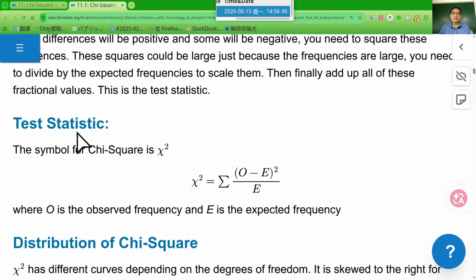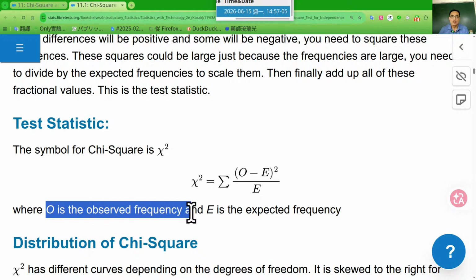So here, the test statistic. The symbol of chi-square is x squared, but we read it as chi-square, not x square. Chi-square equals the summation of (O minus E) squared, divided by E, where O is the observed frequency and E is the expected frequency.